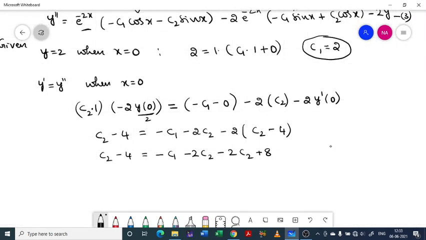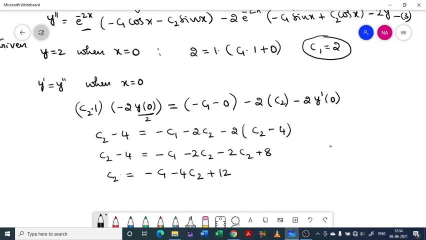So it will be c2 minus 4 equal to, okay, minus 4 on this side becomes plus 4, it will be 8 plus 4, 12. c2 equal to minus c1 minus 4c2 plus 12.